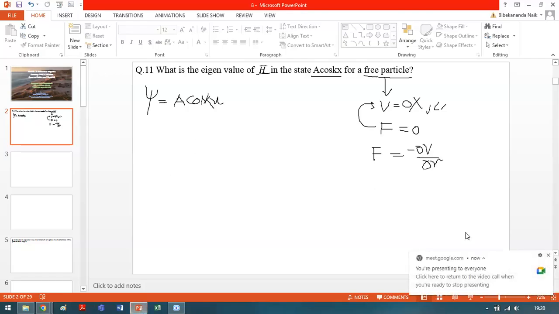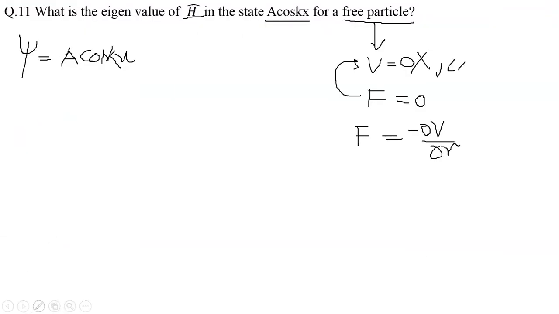So for a free particle, the force acting on it is zero. That is, it is moving in a region where there is no potential, or the potential is constant. Suppose we consider a particle in a one dimensional box.